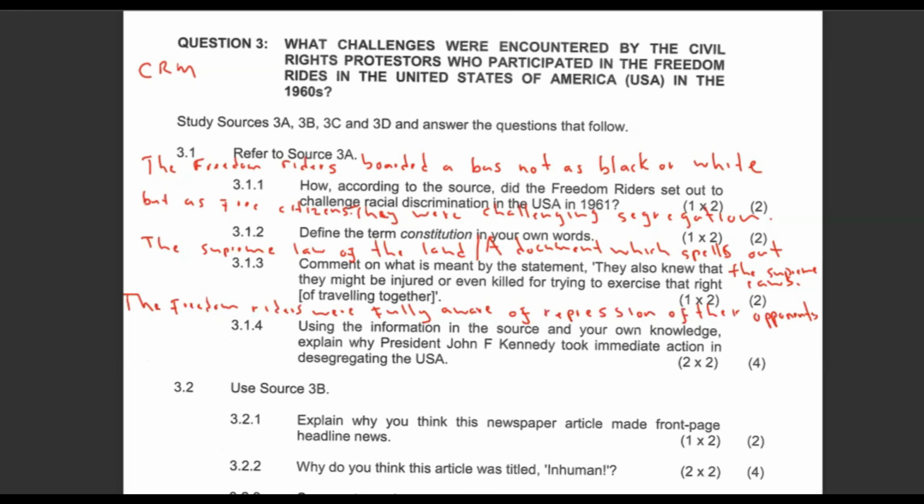So you can actually say it was as a result of the effectiveness of the nonviolent resistance. That is one reason.